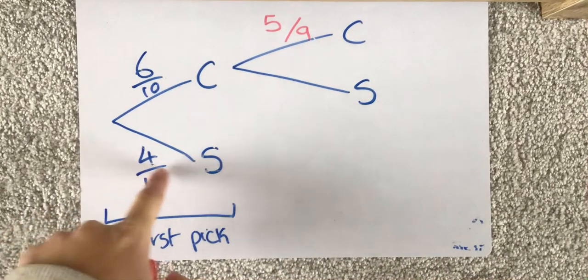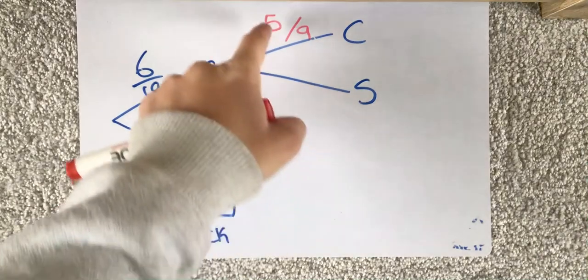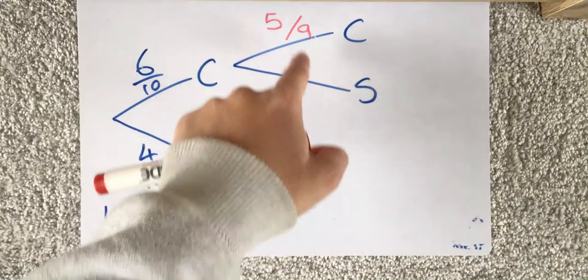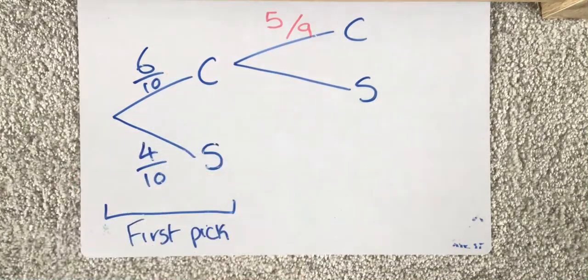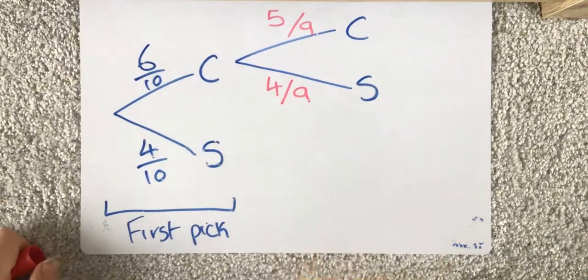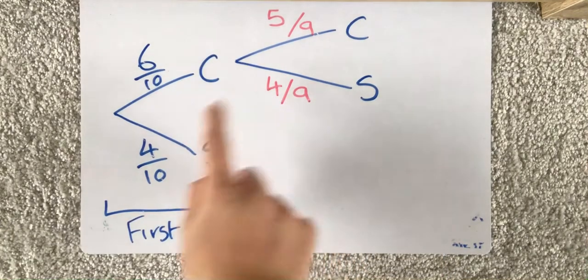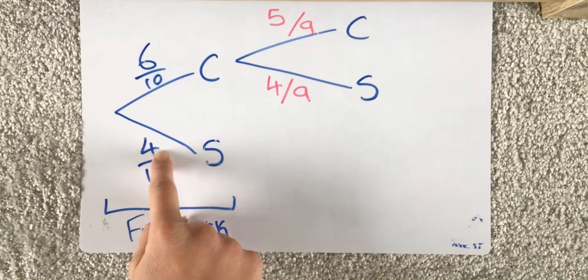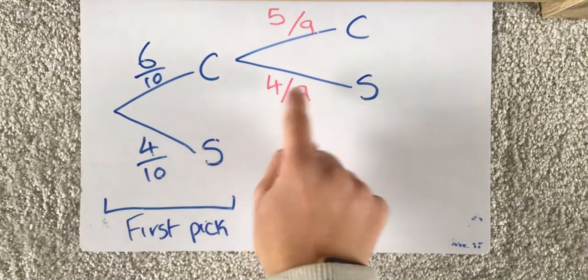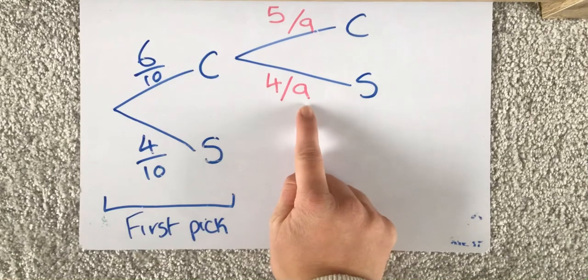You can think about, well, what's here, it's not changed, or remember that these two things must add up to 1. So if this is 5/9, then this one must be 4/9, so that it adds up to 1. Again, I can think about the fact that actually strawberries hasn't changed. It's still exactly the same, so I'm just keeping that 4. The only thing that's changed is how many sweets are in the bag.